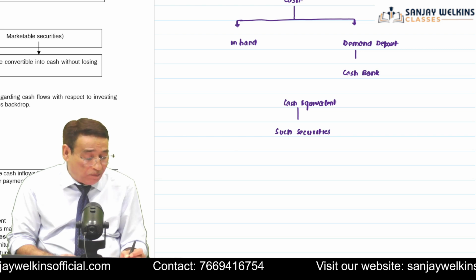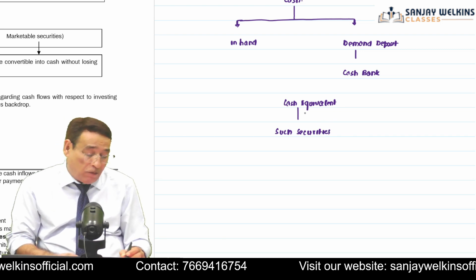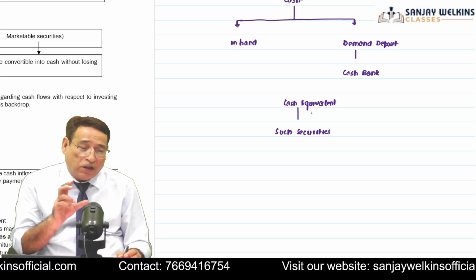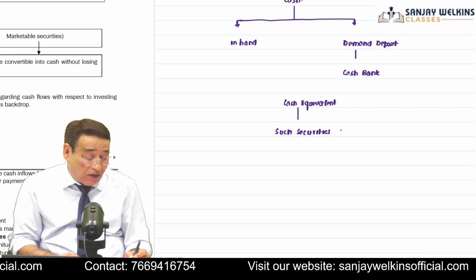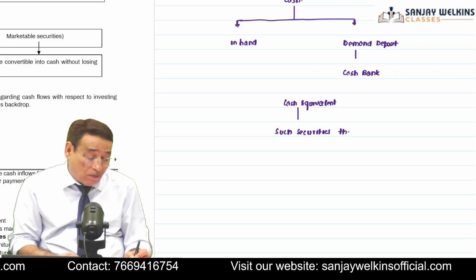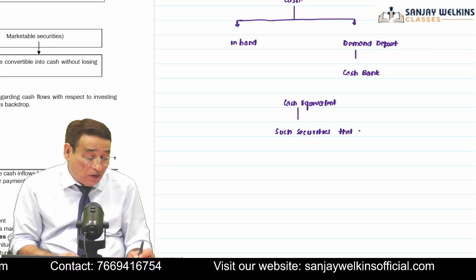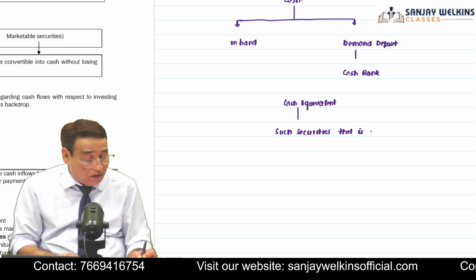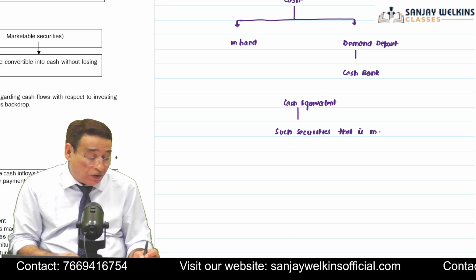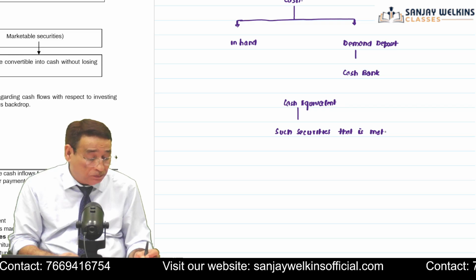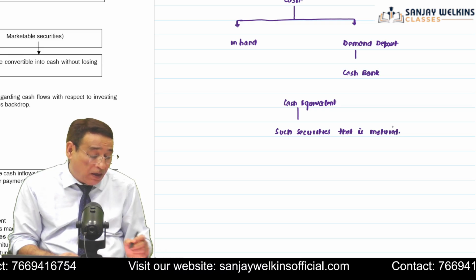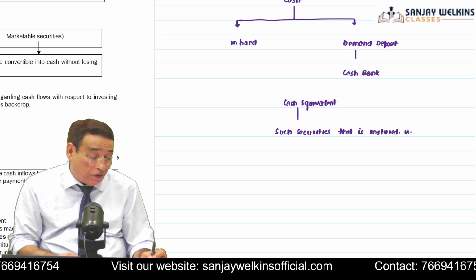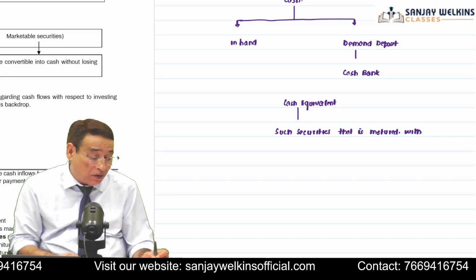Securities means you have made some investments. So cash equivalent simply refers to such investment or securities that is matured within a period of 90 days or 3 months.